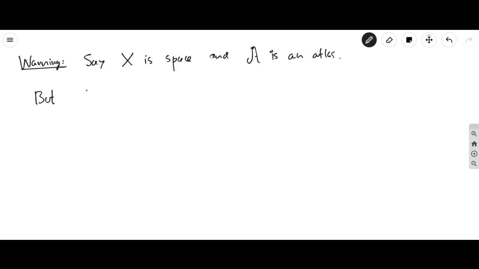Okay, so maybe I should just give a little warning. Say X is a topological space and A is an atlas. But X with that atlas is not a smooth manifold.